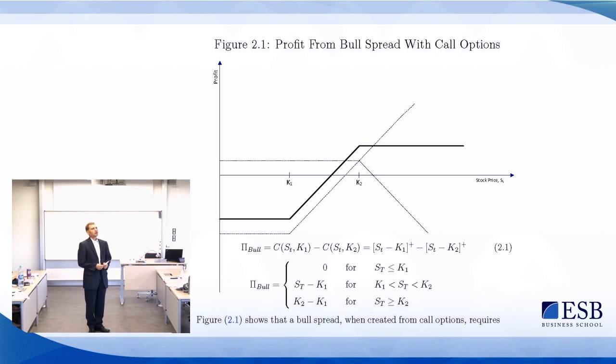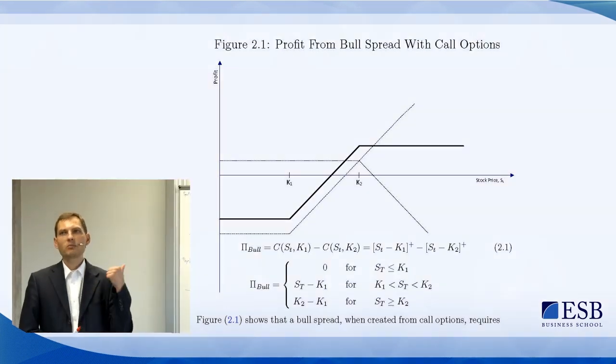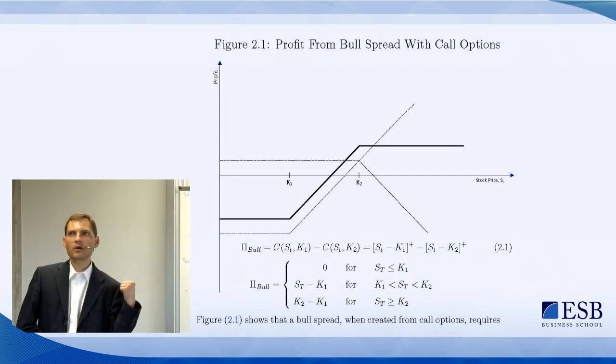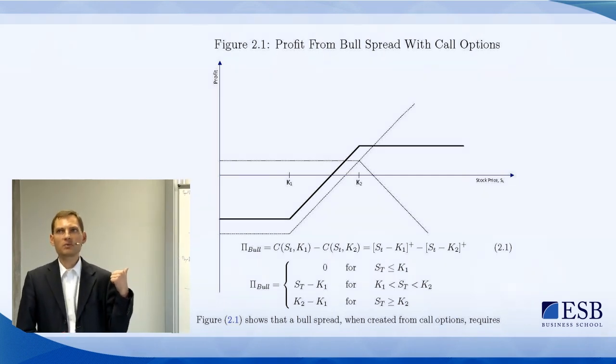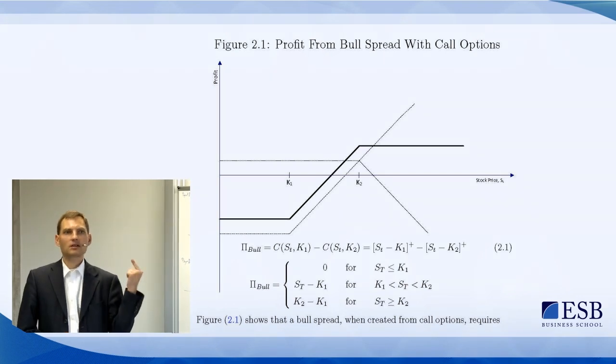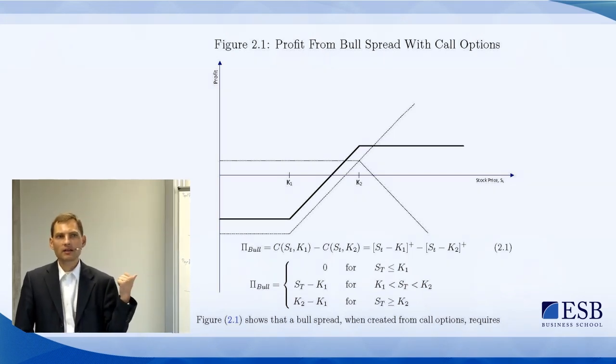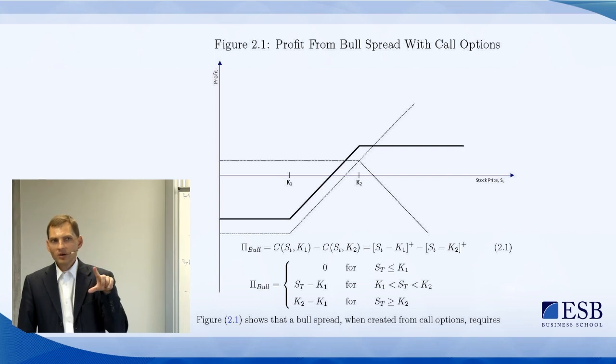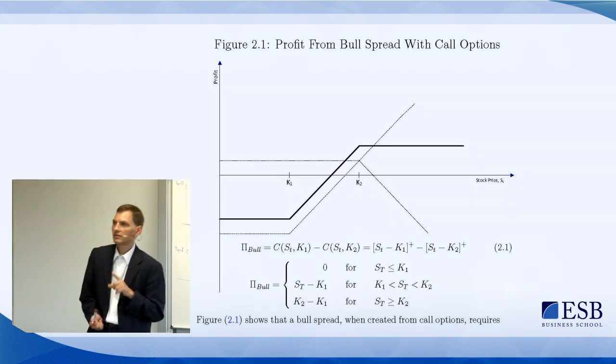So we can make higher profits with options. True, but here I am not comparing a stock investment, I'm comparing two options. Why should I hold a bull spread instead of just a long option at K1? So it goes in this direction, right? But it's not the full answer.